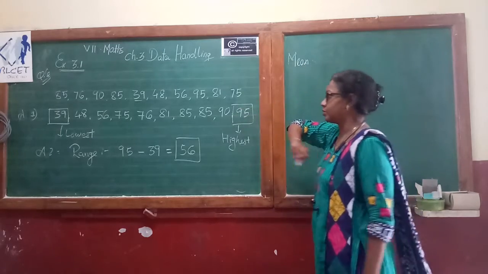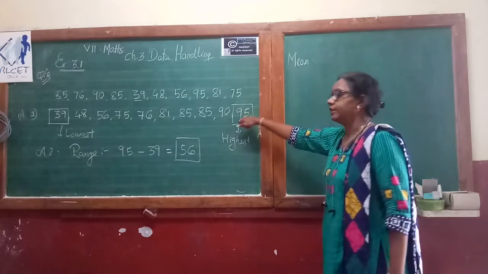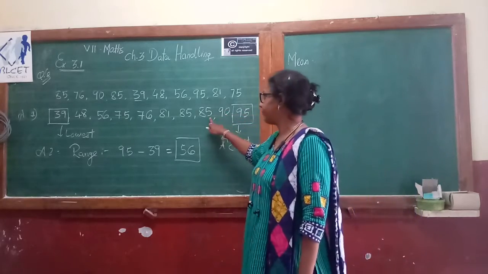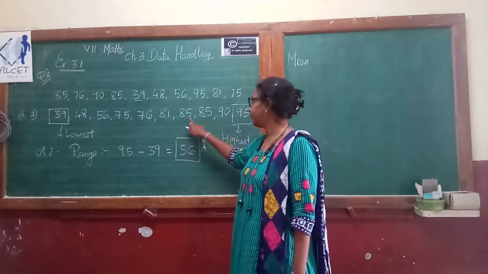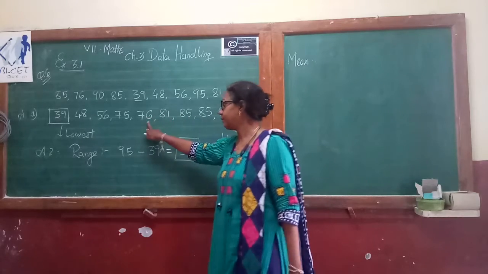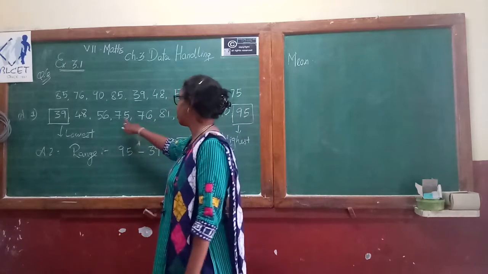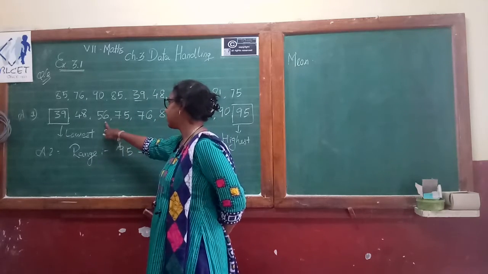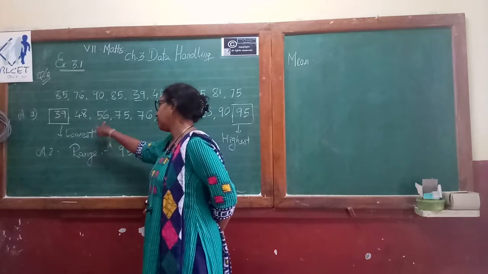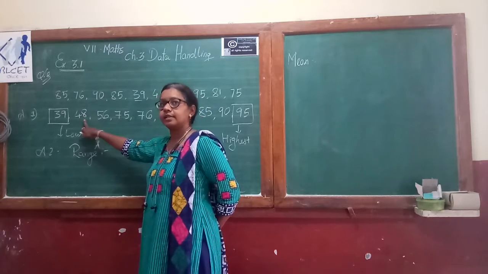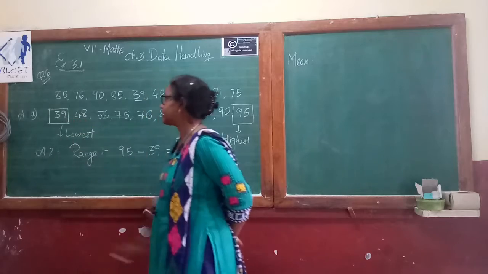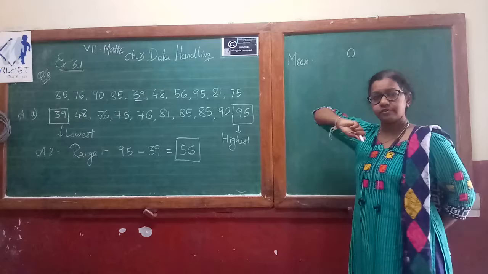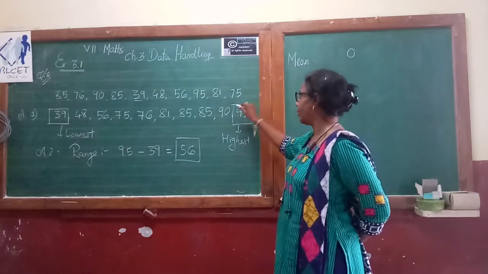sum of all this. So let's start with the ones place. 5 plus 0 is 5, 5 plus 5 is 10, 10 plus 5 is 15, 16, 16 plus 6 is 22, 22 plus 5 is 27, 27 plus 6 is 33, 33 plus 8 is 41 and 41 plus 9 is 50. So your ones digit is 0, 5 is carry over.